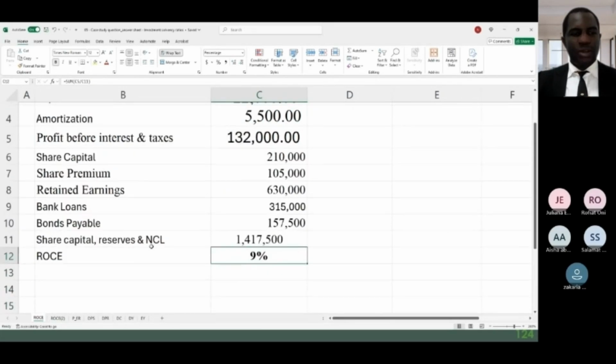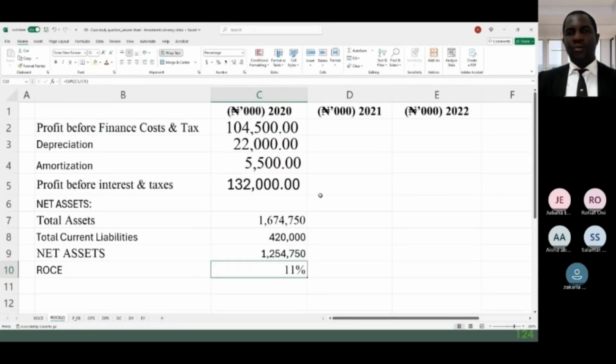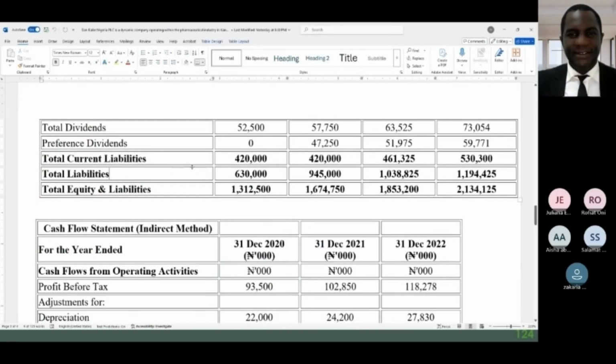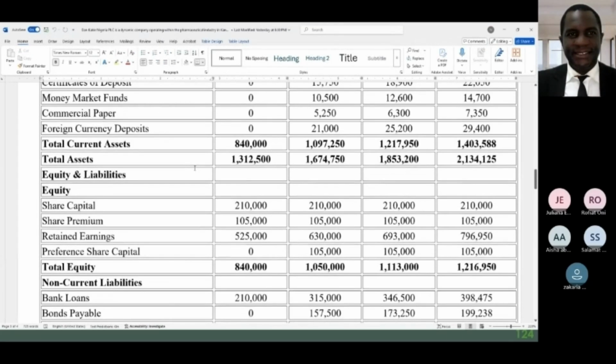Okay, so for the first one and the second one, can we do it? We have our calculators. Can we do it quickly for 2021 and 2022 if you understand the computation we just did? I would hold on for us to do it. Is that possible?